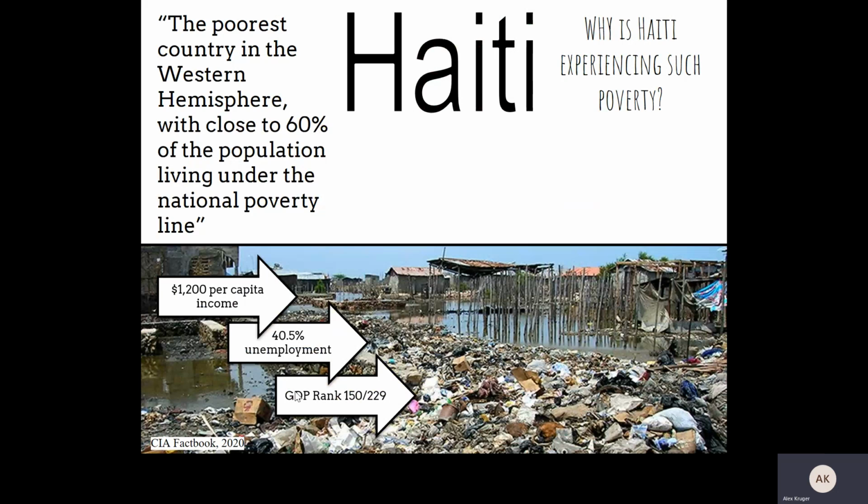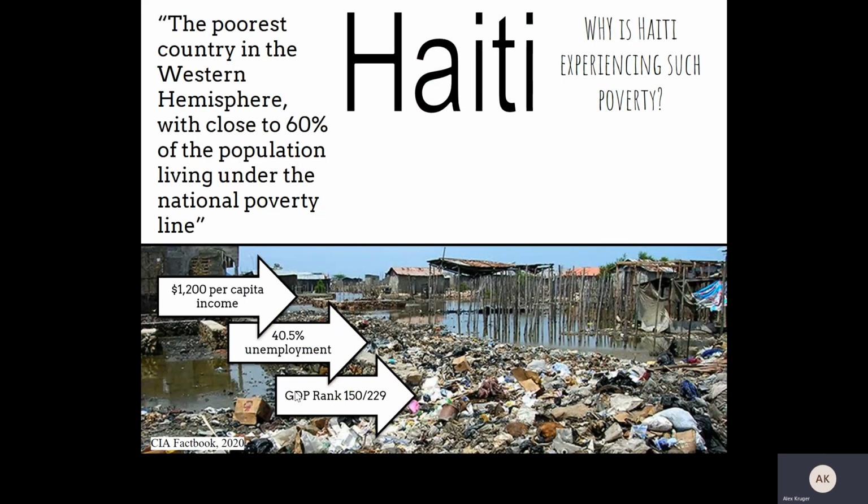They would all be considered in poverty in our country. 40% unemployment. It's really awful. 10% is usually considered pretty high in the United States. And their GDP is 150th out of 229 countries.